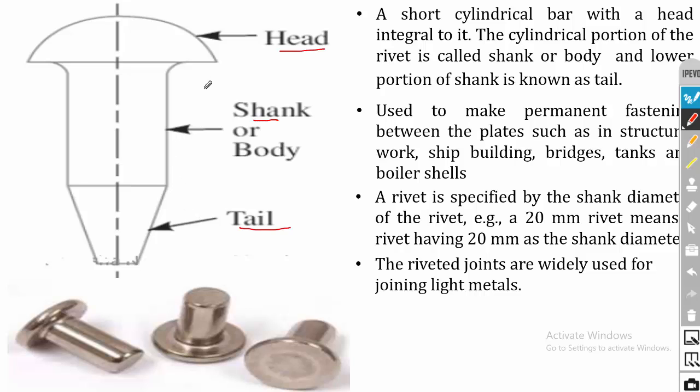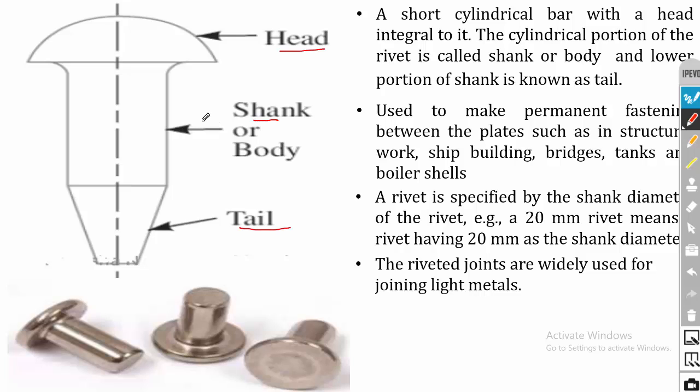When it is inserted in the two plates, the load is applied on the tail, and the tail clips the two plates together. Then the rivets are specified by their shank diameter. For example, if the shank diameter is 20 mm, then the rivet is specified as a 20 mm rivet.